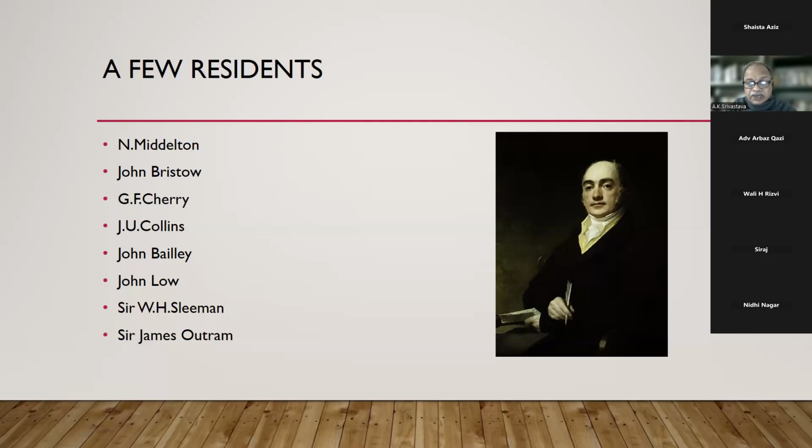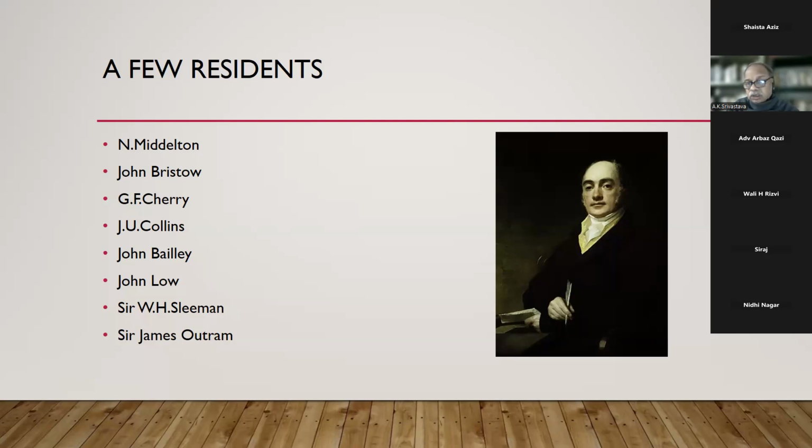John Bailey, whose picture I'm sharing, Bailey Guard Gate, you must have all seen. John Low was important because after Nasiruddin Haider died, there was nobody to succeed. Then Munna Jan was put on the throne, but he intervened and got the whole dynasty changed and put another Nawab, an old man who was woken up at 3 o'clock in the night and posted as a Nawab.